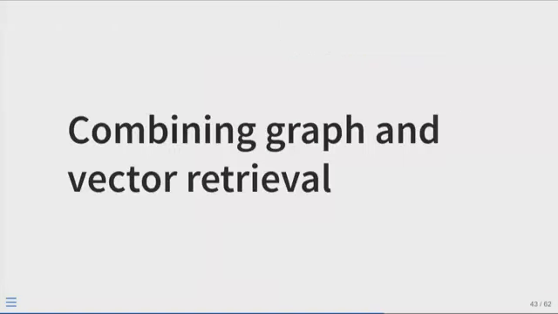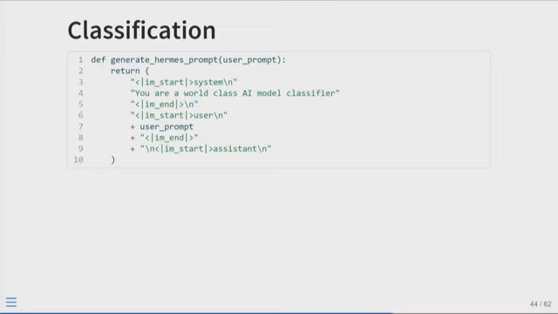Okay, and now the final thing. This is a very simple case, so I know it's not the most sophisticated case of GraphRAG, but how can you combine it? In this case, I'm just doing a classification, and for that I'm just generating a prompt.